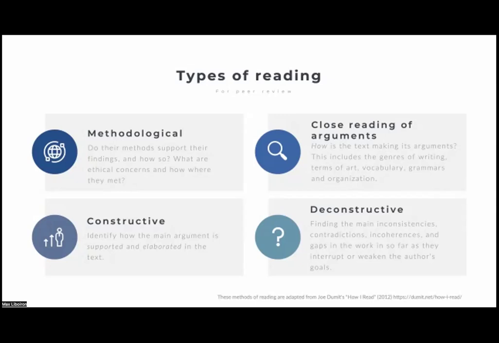What almost everyone does is actually very few people do close readings of how the text is making its arguments, which I wish they did more of. So is this genre of writing working for your argument? Are the terms of art you're using working for your argument? Are these vocabularies and grammars and the way you've organized this making the argument for you? Or is the way that you've done subheadings actually taking away from your argument?